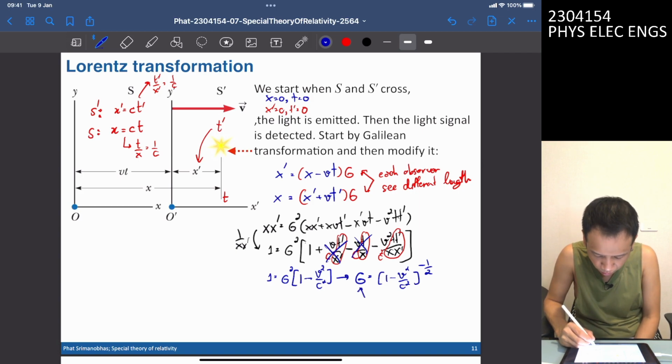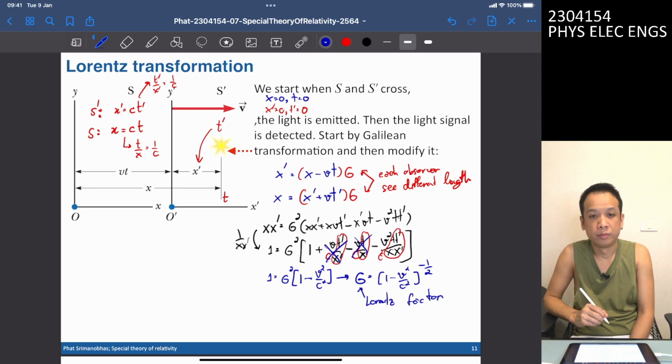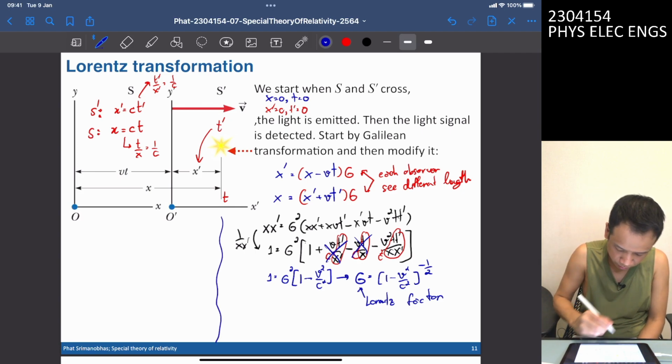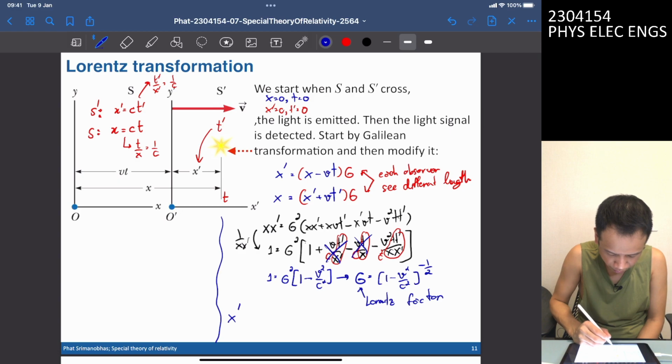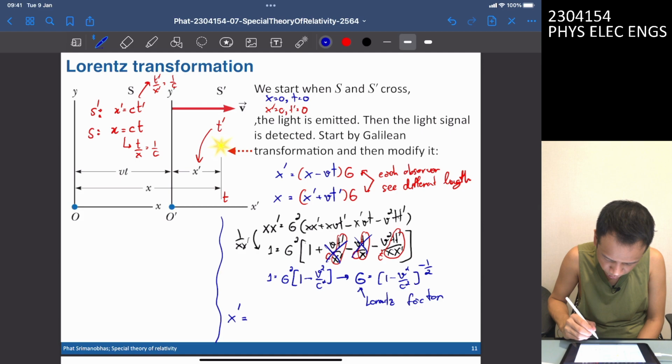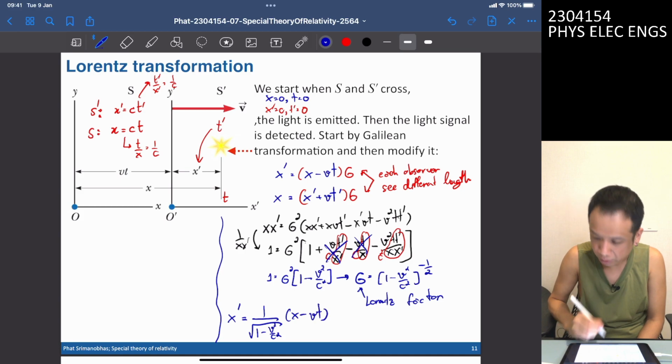And this is what we call the Lorentz factor. So finally, for the Lorentz transformation, x prime equals the Lorentz factor, 1 over the square root of 1 minus v square over c square, times x minus vt.